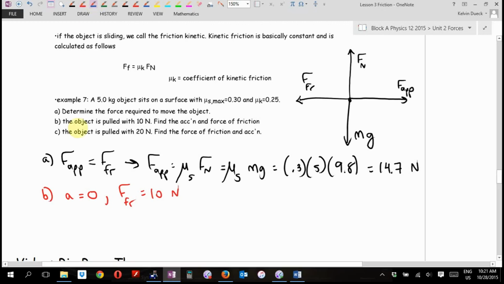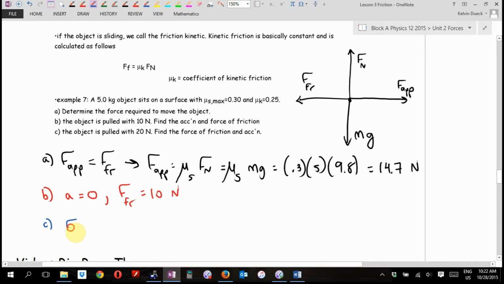What if we pull it with 20 newtons? Will it accelerate? Okay, once it starts to move, the other coefficient of friction, the kinetic, the mu k, is the one I'm going to use. First of all, if it's accelerating, who's winning? Okay, who's losing?